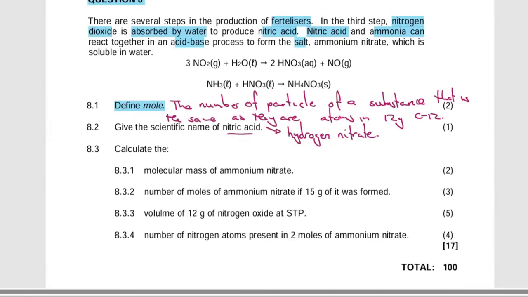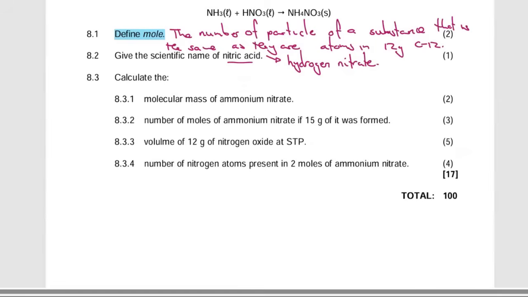Then question 8.3 says calculate the molecular mass of ammonium nitrate, right? So the molecular mass is going to be NH4NO3. So this is equivalent to nitrogen, 14 multiplied by 1, plus, using your periodic table, 1 multiplied by 4, because we have 4 hydrogens.